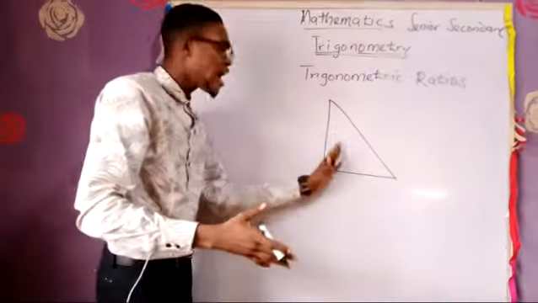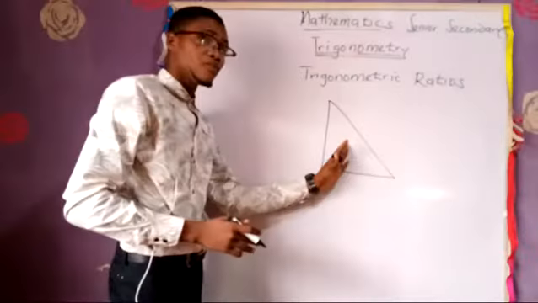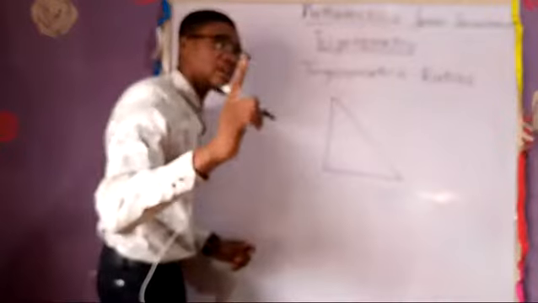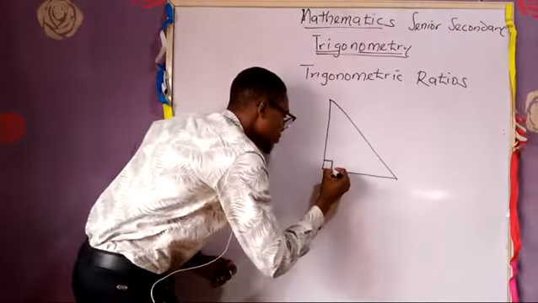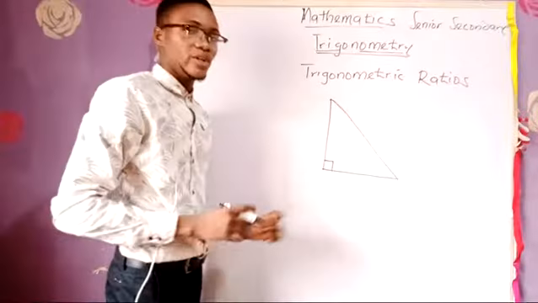a right angled triangle. If this is a triangle, it's going to be a right angle triangle if I put this. This is what makes it right angle.